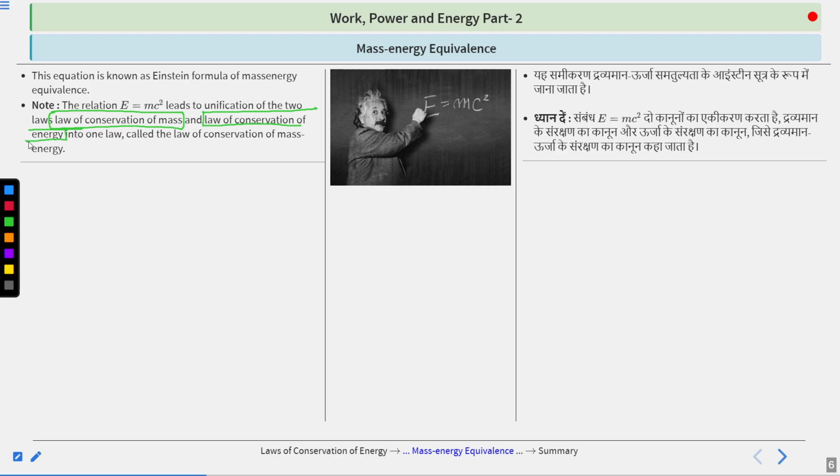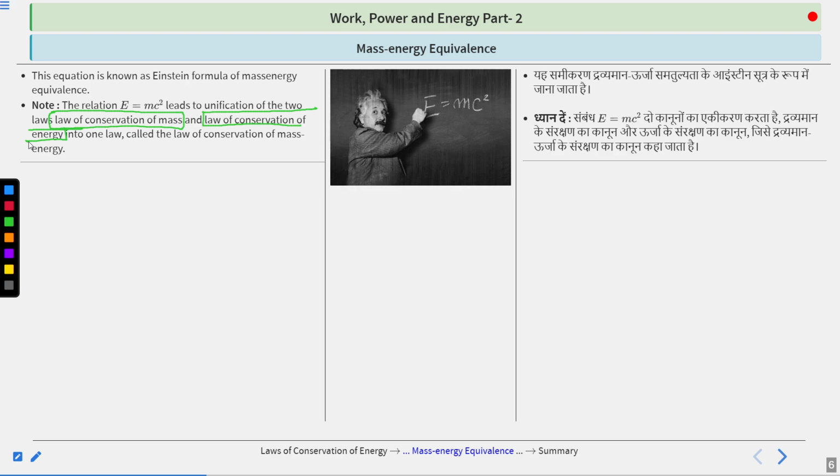Before understanding this, first we understand what the law of conservation of mass says, and what the law of conservation of energy says. The first one, the law of conservation of mass, simply says mass can neither be created nor be destroyed.